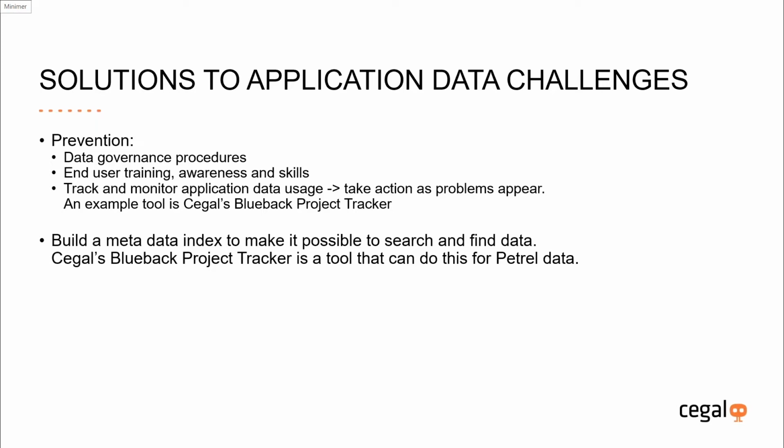For example, we in Cegal have the Blueback Project Tracker that can help with these problems. But what we want to do is make this data more easily accessible, and that is to build an index and make the data searchable, so that you can filter the information and find what you're looking for.